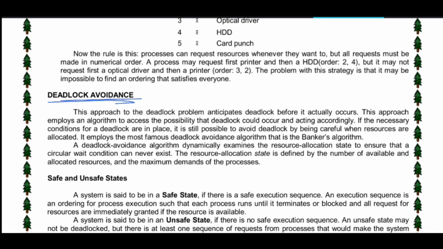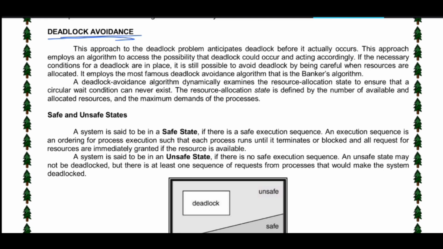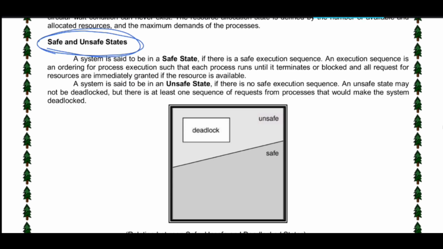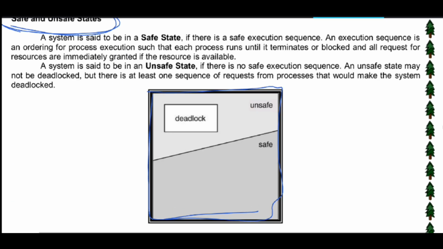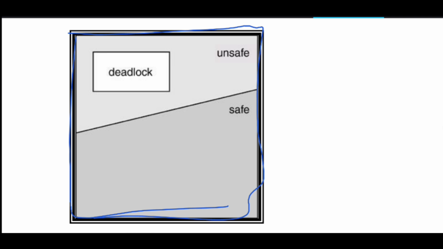Then deadlock avoidance: how to avoid deadlock. There are safe and unsafe states. What are safe and unsafe states? Think of an order, or pathway, of processes.